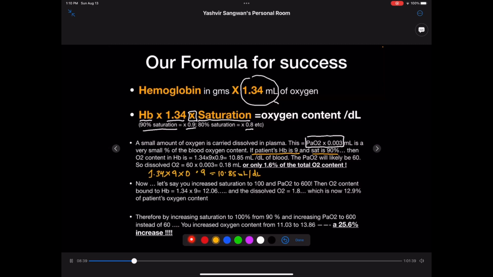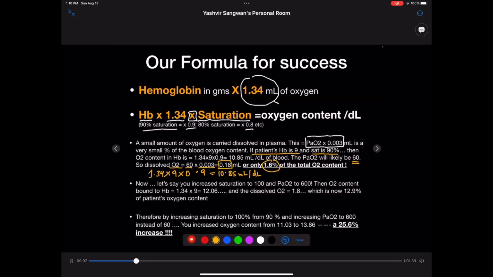For a saturation of 90%, it is most likely that the patient's PaO2 is around 60. So dissolved oxygen in this case becomes 60 times 0.003 or only 0.18 ml. This constitutes 1.6% of the patient's total oxygen content.